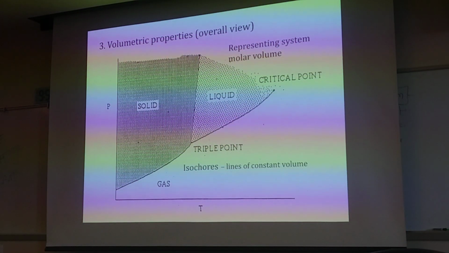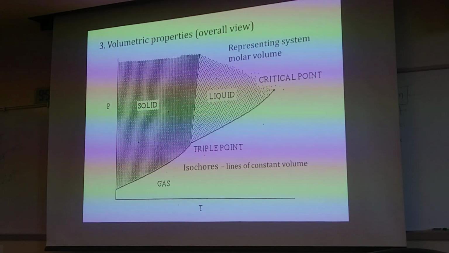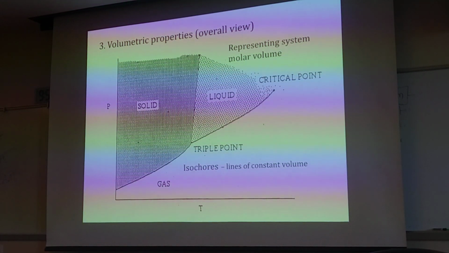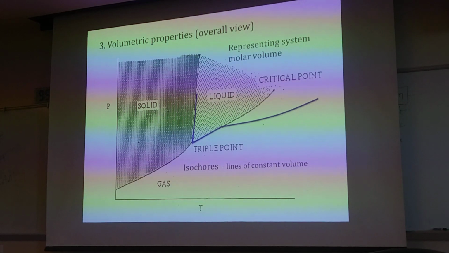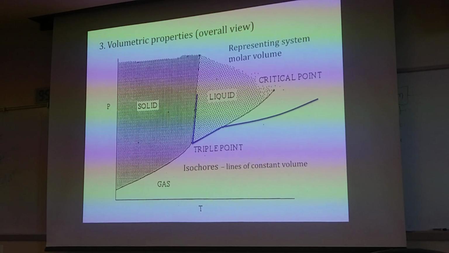So those are called isochores, lines of constant volume, and if I put one in, it might look something like this. So this refers to some particular molar volume, and right away you see how it changes drastically as I go from the liquid to the vapor phase. I have to move up the curve to go out.